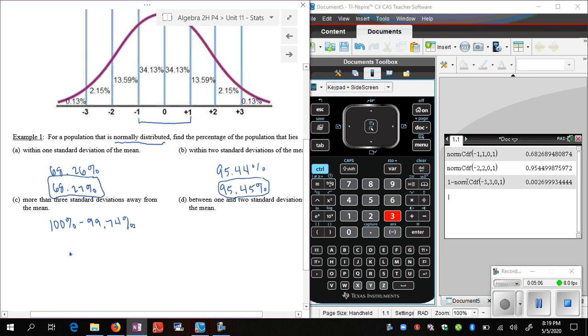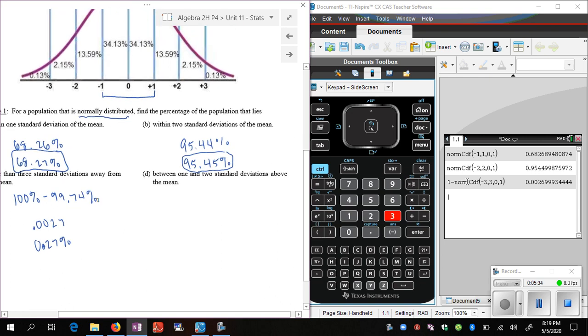So 0.00269, so 0.0027, or as a percent, 0.27%, right? Because my answer is given to me in decimal form on the calculator.